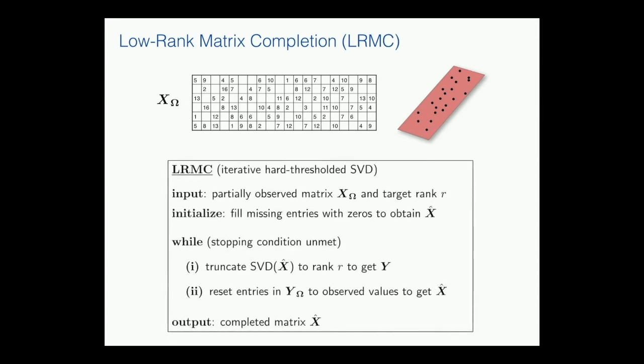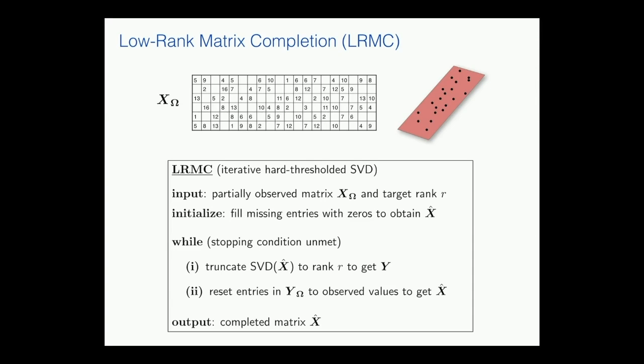The basic approach that a lot of algorithms use, and there are variants of this, is a simple idea that I think gives everybody a sense of what's going on if you haven't seen it before. Your input is this partially observed matrix. You want to complete it, so you initially fill in the missing values with zeros. Then you do a little iteration.